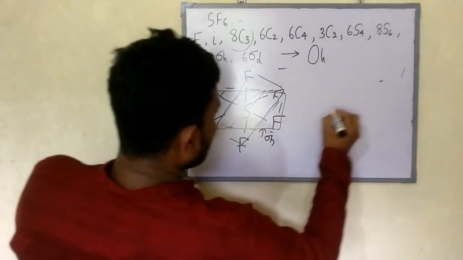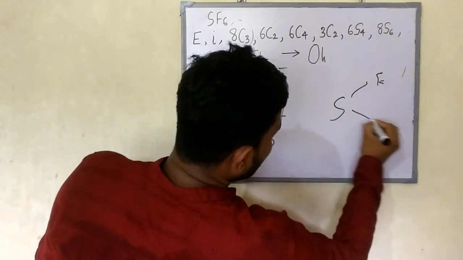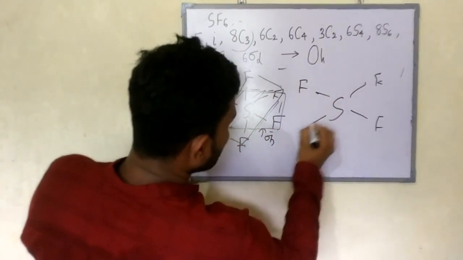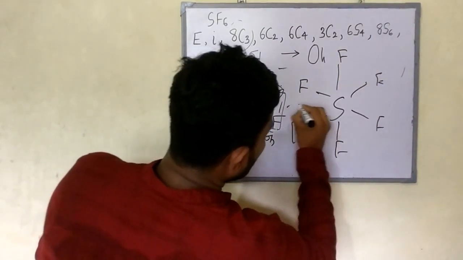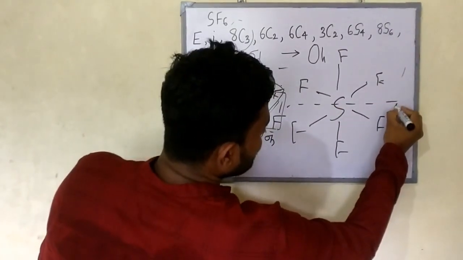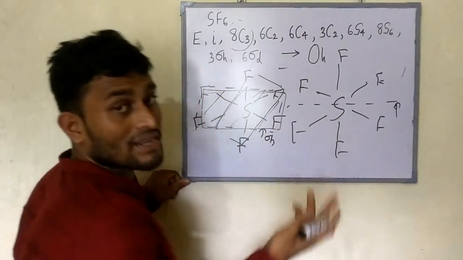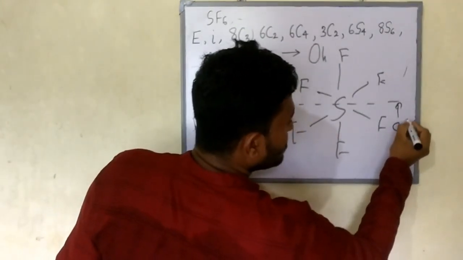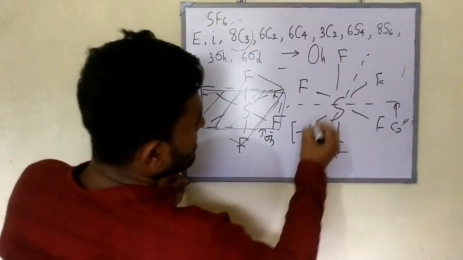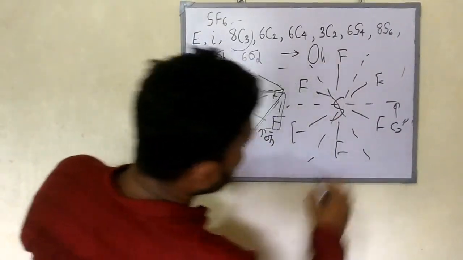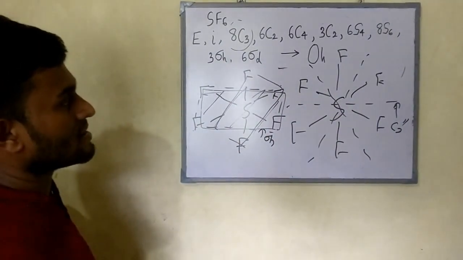C2 and if you write like this, this plane just looks like in the PtCl4 molecule, C2 double dash. So here also 1 and here also another 1 C2 double dash.